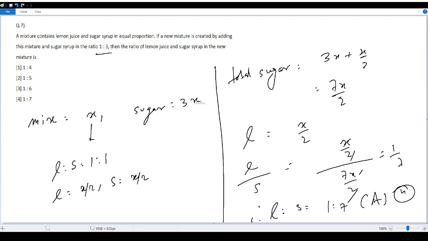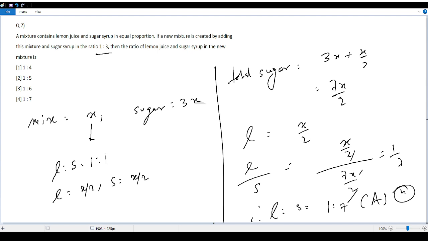And then sugar syrup, three parts is already present, and one part is getting transferred from the other one, so 3 plus 1 is 4, and then 3 and 4 is 7, so three parts is already present and then it is getting added.